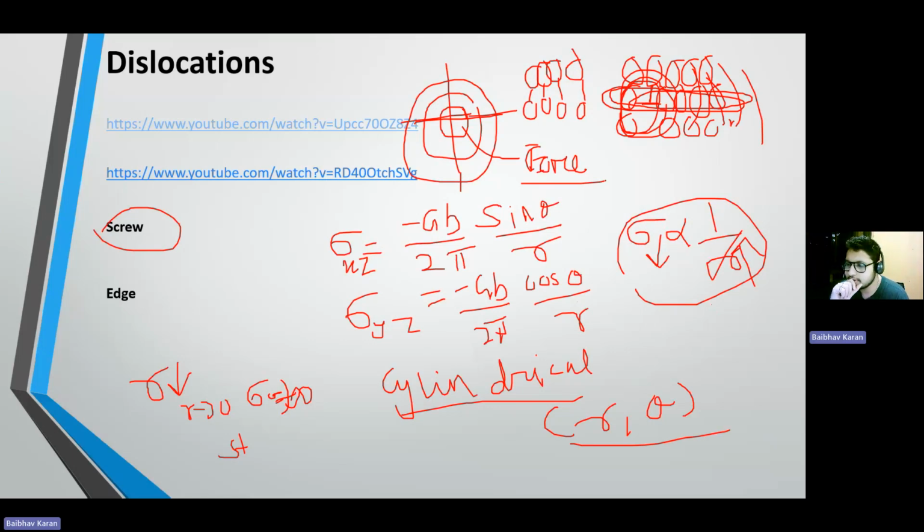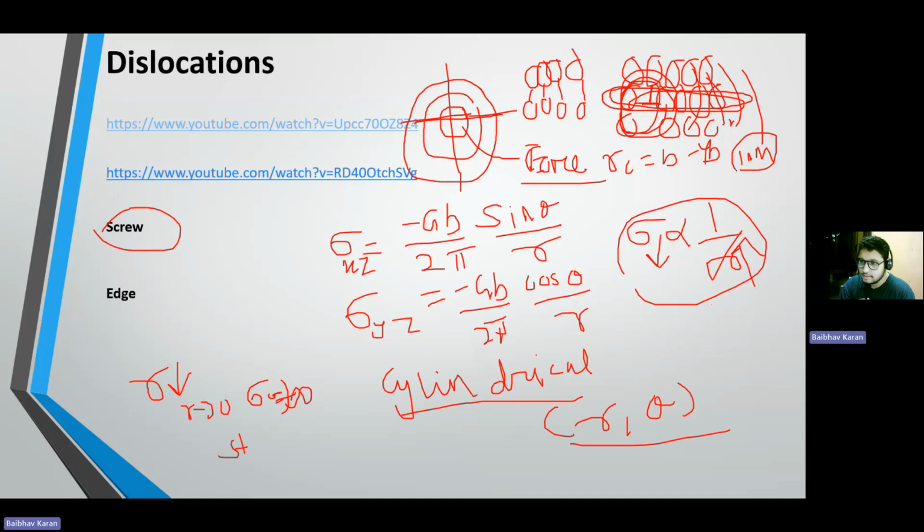So there is a core of dislocation, right? There is a particular radius which can define the core of the dislocation. This radius is equal to b to 4b, and the value is taken as 1 nanometer. In a radius of 1 nanometer around the dislocation, it is known as the dislocation core, and there is very high stress in this core.